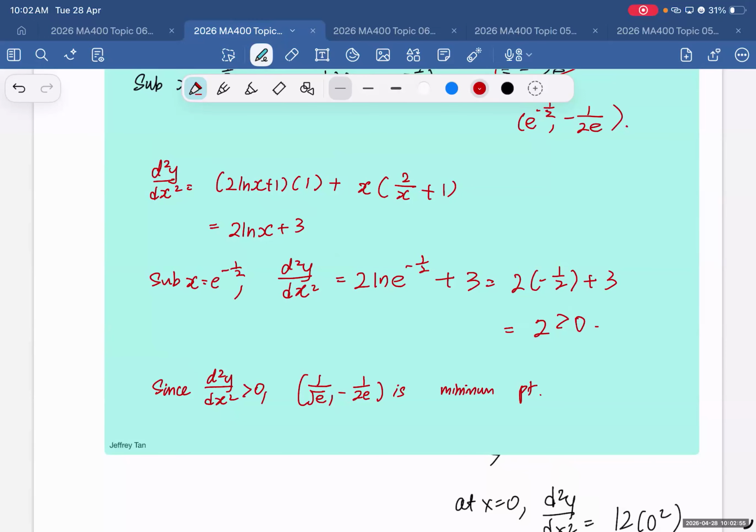Because they asked for the area of the triangle, after you found this, you need to test whether it indeed gives you the minimum. If this gives you a second derivative negative, then you say that it's the maximum. Because you don't want to waste your effort. If you find that it doesn't, then you are wasting your effort. Second derivative even works for that. Local minimum. Oh, yes, sorry, local minimum point.